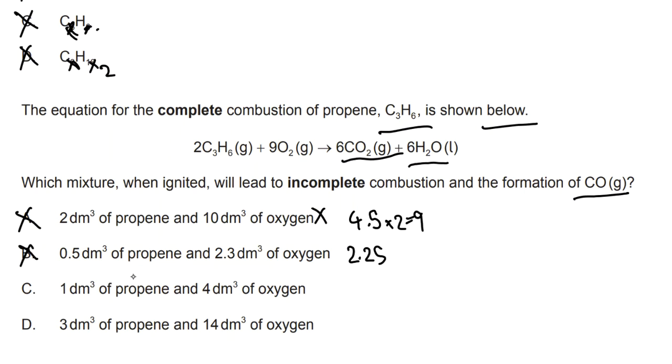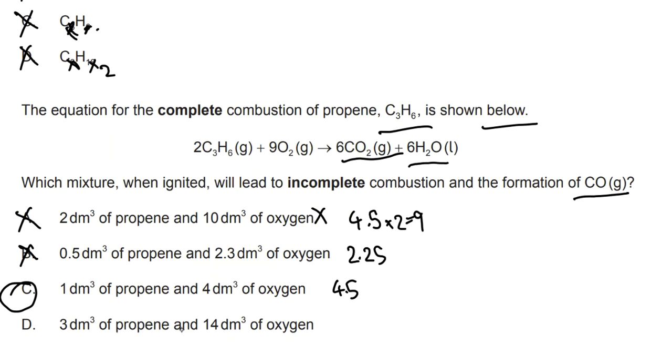1 cubic decimeter of propene and 4 dm3 of oxygen. 1 times 4.5 is 4.5. If we have 4, we're not going to have enough oxygen, so this will lead to incomplete combustion, because we need 4.5 cubic decimeters of oxygen to completely combust 1 dm3 of propene, and we don't have enough, so this will lead to incomplete.